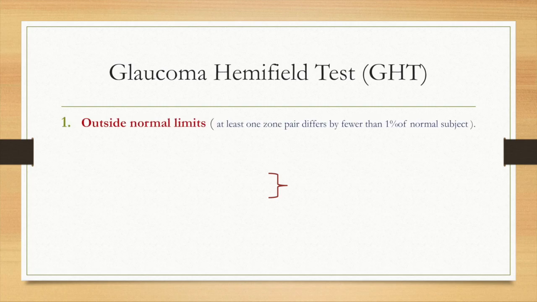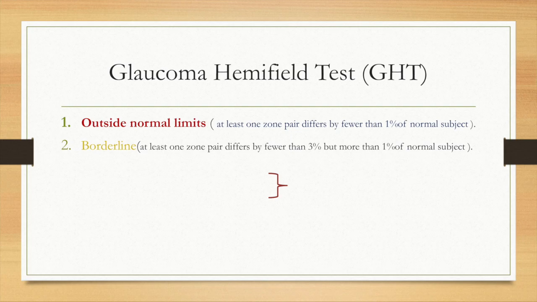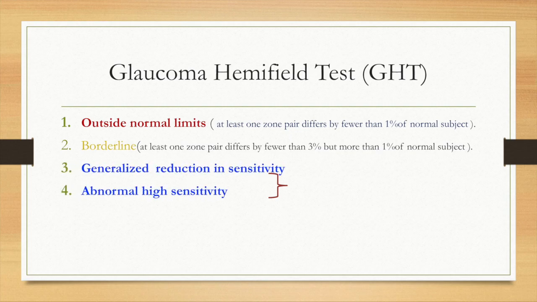So the glaucoma hemifield test is presented in the single field analysis as outside normal limits, where at least one zone pair differs by fewer than 1% of normal subjects, and borderline, where at least one zone pair differs by fewer than 3% but more than 1% of normal subjects, and generalized reduction in sensitivity and abnormal high sensitivity.